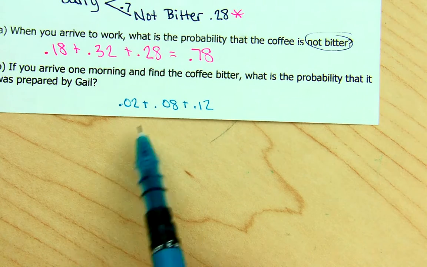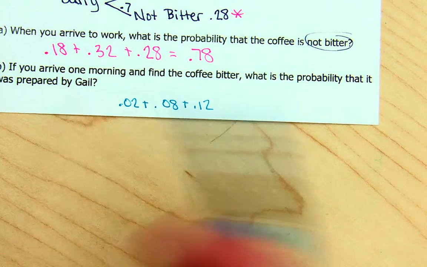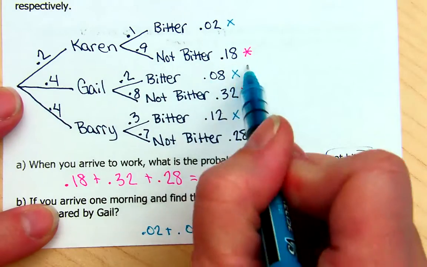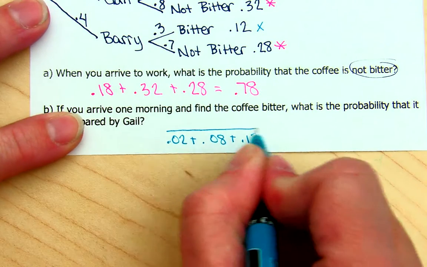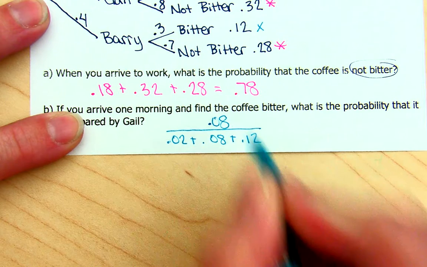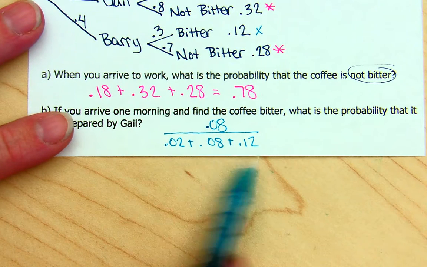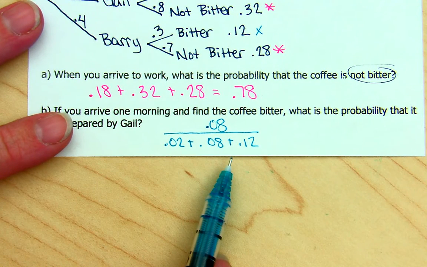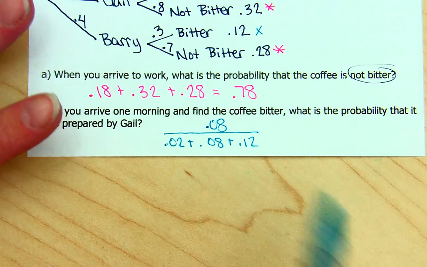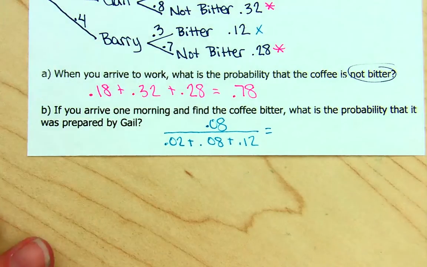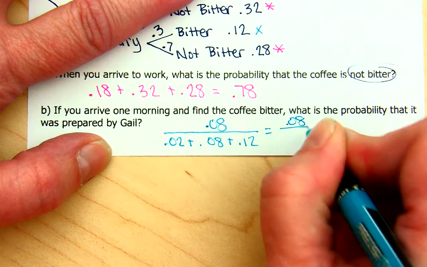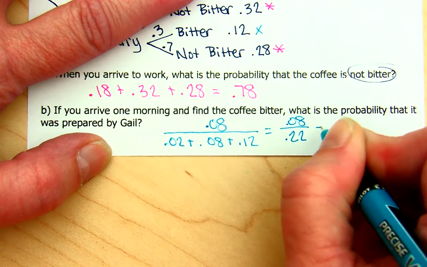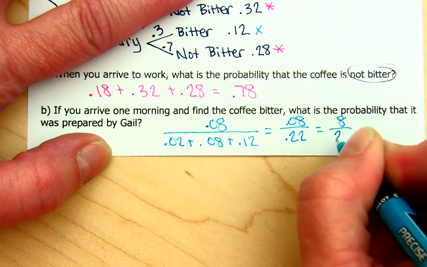We want to know how many of these times was it Gail. Well, the Gail in bitter is right here. It's 0.08. So we're looking for this one out of all the times it's bitter. You can just make it 8 out of 22 if you want to do that.